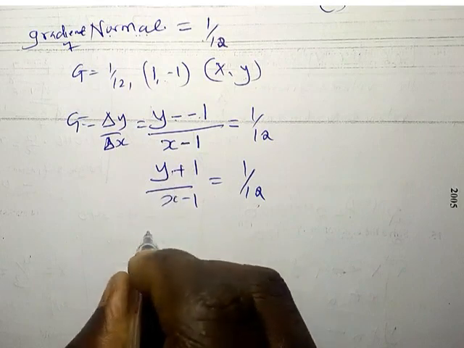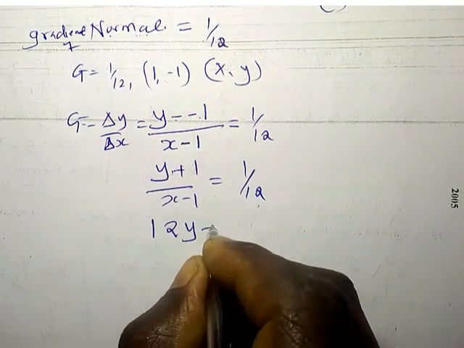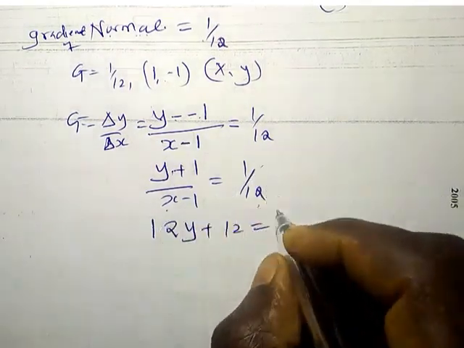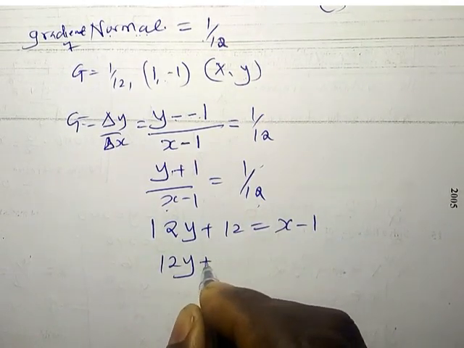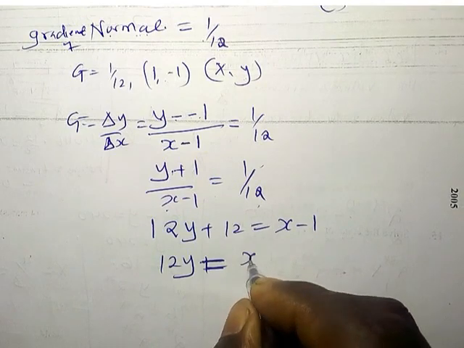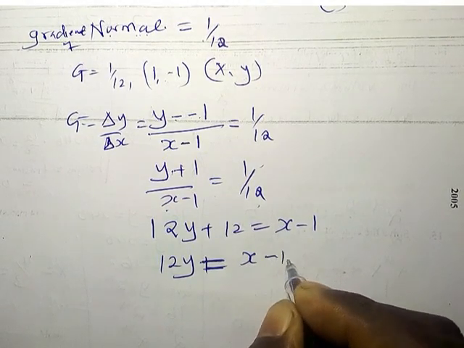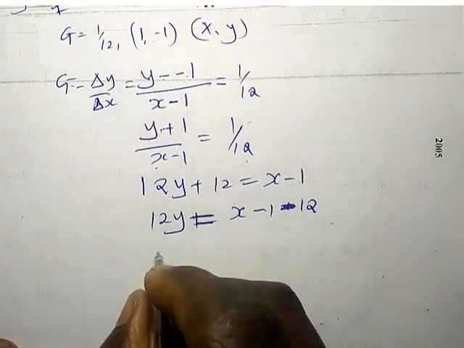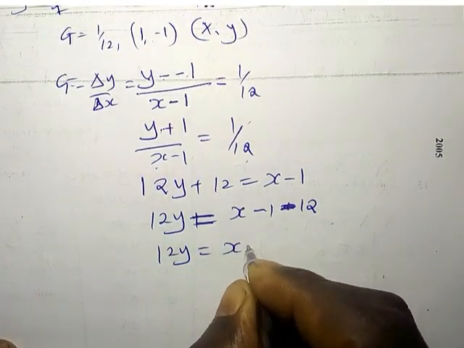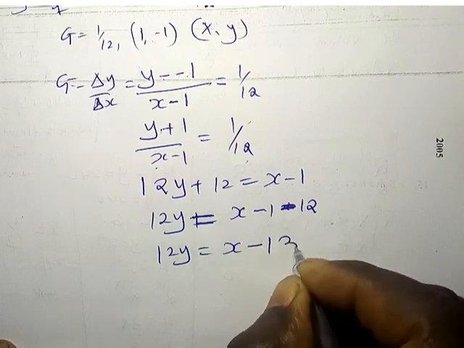So this times this, we will have 12y plus 12 equal to this times that, x minus 1. 12y is equal to x minus 1 minus 12. So 12y is equal to x minus 13.